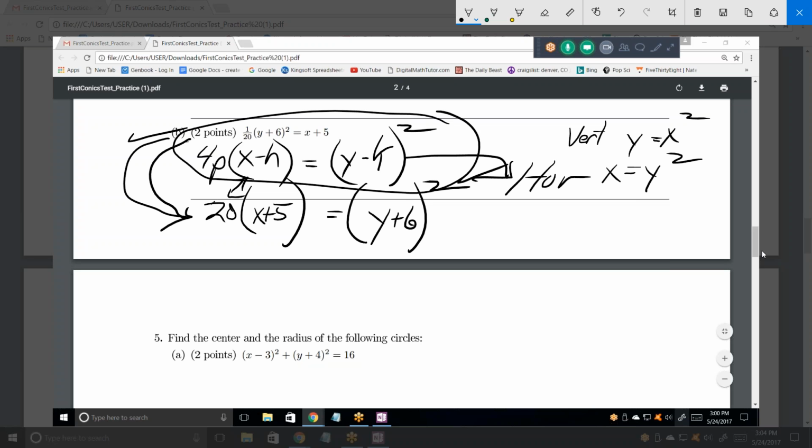And in the general format, the x minus h is on the left. The y minus k squared is on the right. So that's why I switched sides. With me so far? Okay. Now notice that that's very similar to the general format. Tell me what P is.